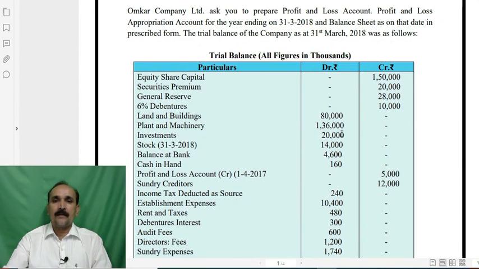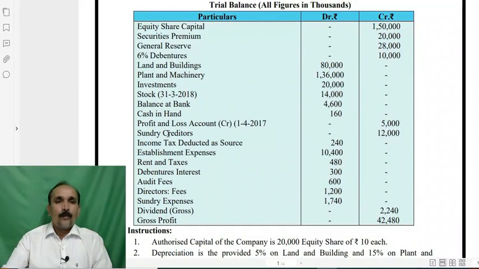Plant and machinery, debit balance 1,36,000. Investment, debit balance 20,000. Stock on 31st March 2018, debit balance 14,000. Balance at bank 4,600. Cash in hand 160. Profit and loss account, credit balance at 1st April 2017, 5,000. Sundry creditors, credit balance 12,000.